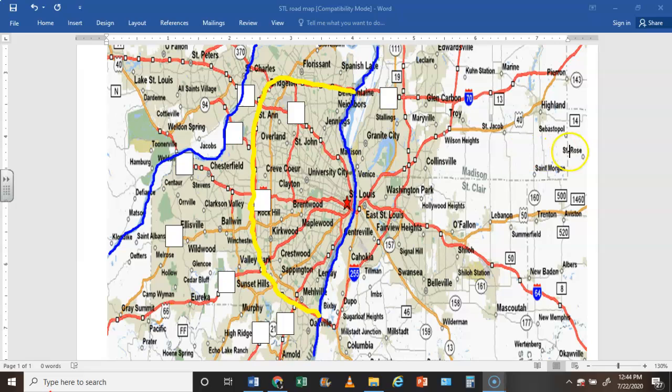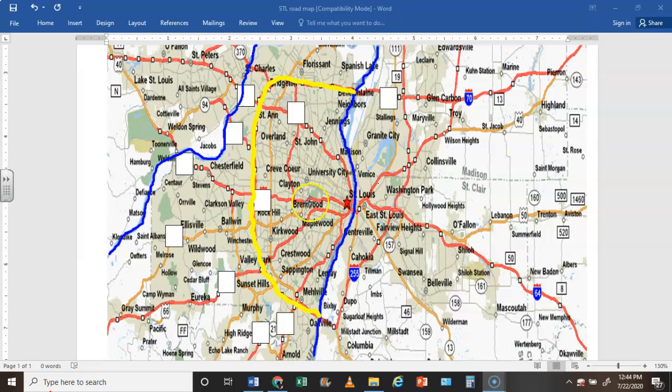So using your second different colored writing utensil, go ahead and bust that out and highlight Highway 270, which is basically a half circle around the St. Louis area. And as you can see, it connects most of the different highways together.